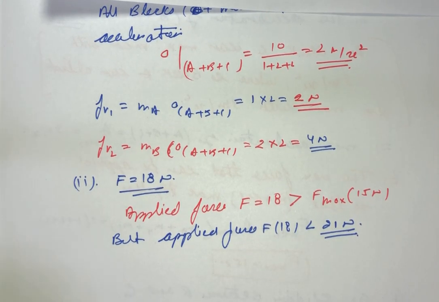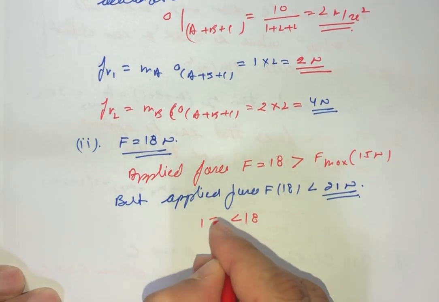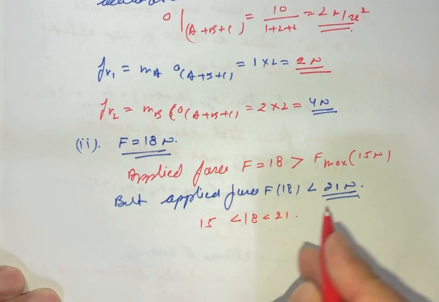So in the shorter form we can write that 18 is greater than 15 but less than 21.